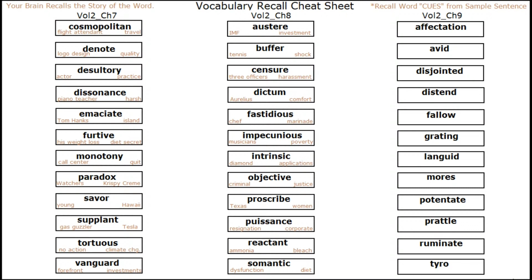But we have found that a very strong recall is coming from the vocabulary recall sheets, using two keywords from the sample sentence, because your brain is going to always recall the story of how the word is used. And that's very, very important to remember. Let's look at the word reactant, ammonia and bleach.